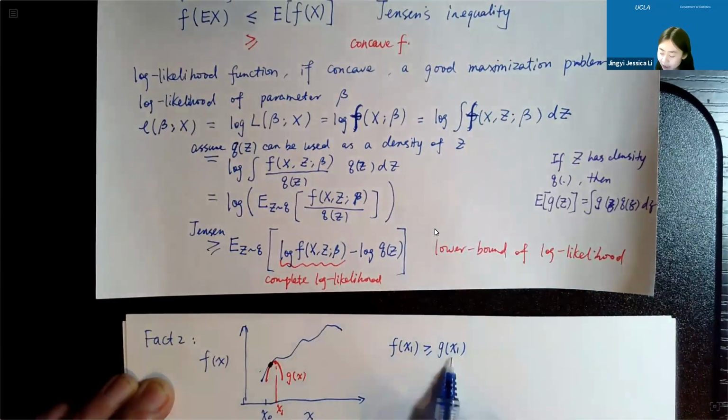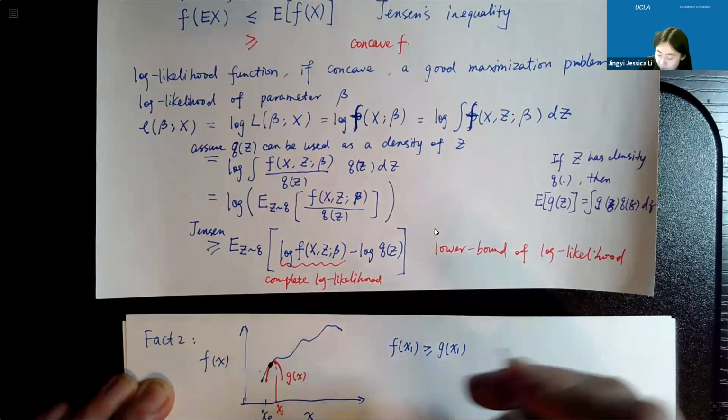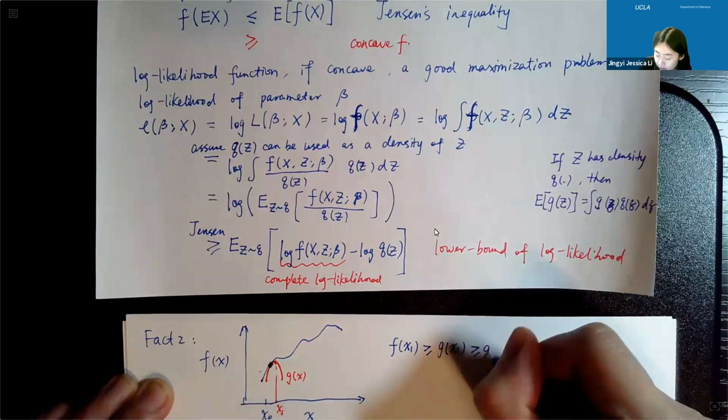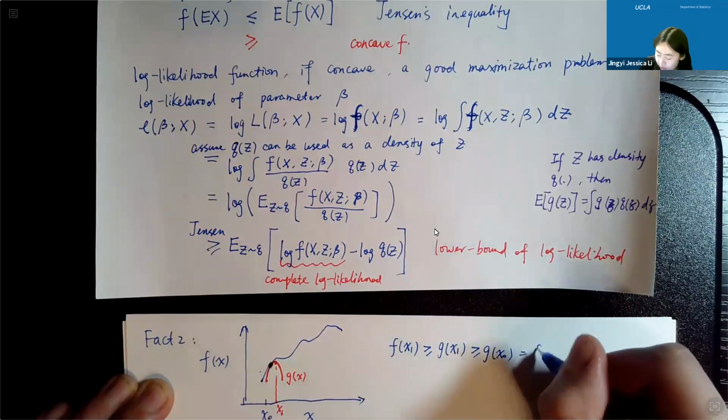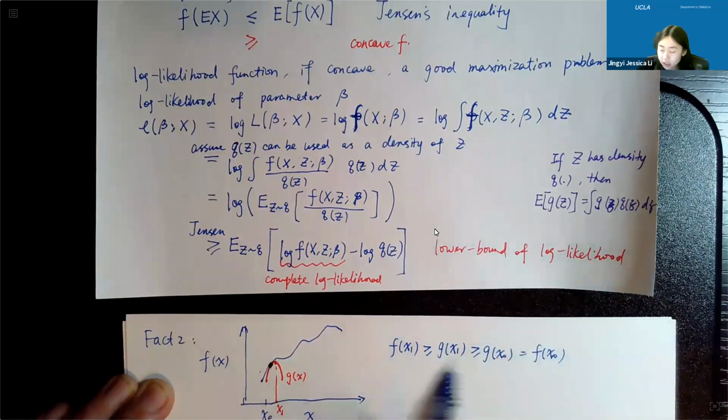And then we have x1 as a maximizer of g, so we know g(x1) must be greater or equal to g(x0). That's how we found x1. And then because g and f are tangent at x0, g(x0) is equal to f(x0). So by this relation, we have f(x1) greater or equal to f(x0). This is a very important fact for us to do the optimization using an easy to optimize lower bound.